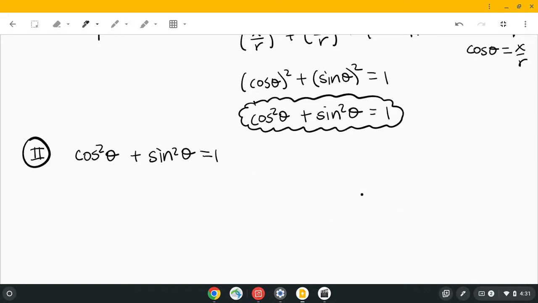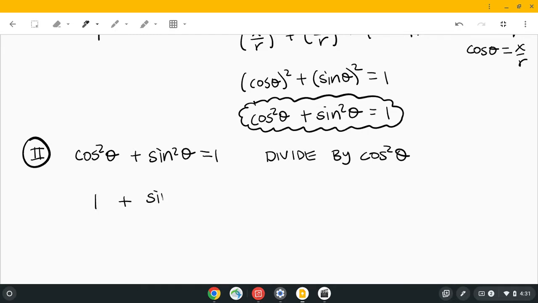Now I'm going to take this equation, cosine squared plus sine squared equals 1, and divide both sides by cosine squared. When I do that, cosine squared divided by cosine squared is 1.